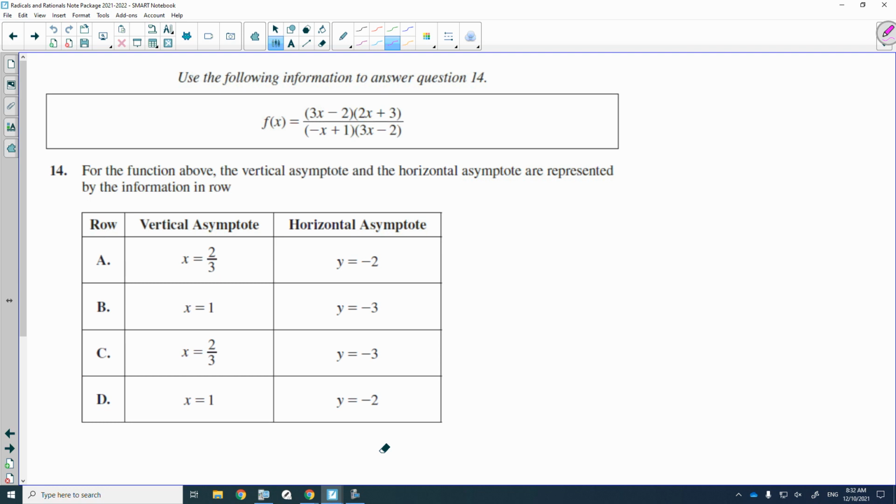So 14. They even factored it, right? So you see this. First thing you do is you take your highlighter, highlight if something is common. Because if something is common, that's your point of discontinuity, and that's going to give you the hole. So this and this.